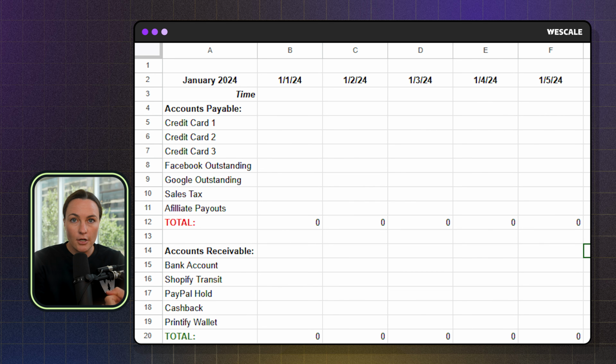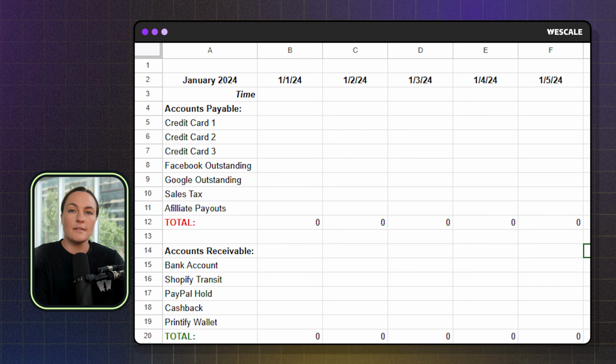Now, this is my credit card balances as well as any outstanding ad balances, from Facebook ads, Google ads, as well as sales tax that I owe, because I may not be paying it right now, but when I go and remit those taxes a few months down the road, depending on the state, I can account for that money leaving my account. So any kind of money that will be leaving, this is where I track it on the balance sheet.